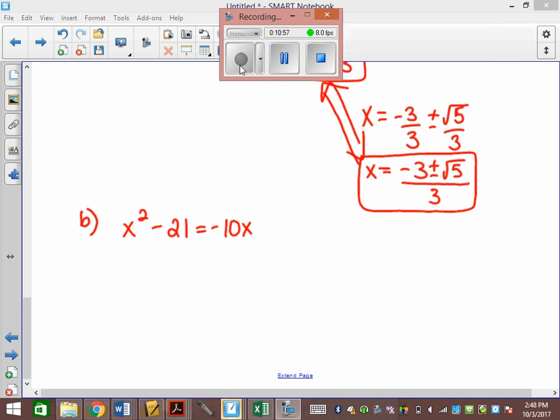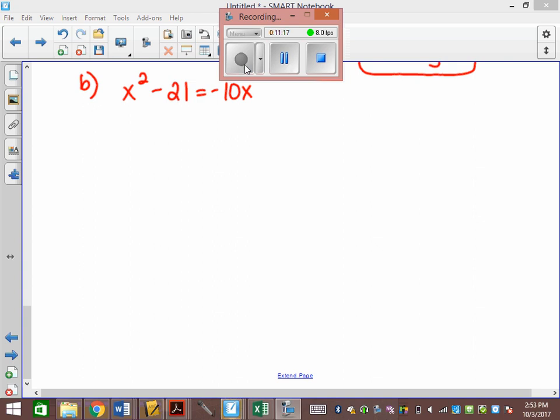What's the very first thing you guys are going to have to do? Add the 10x over, get it into x² + 10x - 21, and then factor it? No. Put it in your calculator? No. Use the quadratic formula? No. I asked you to do what? Complete the square, so you have to do that.